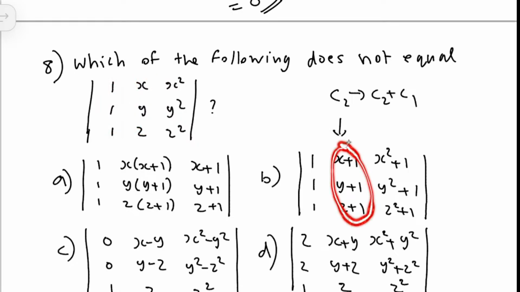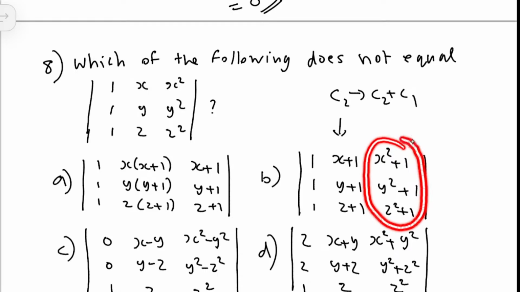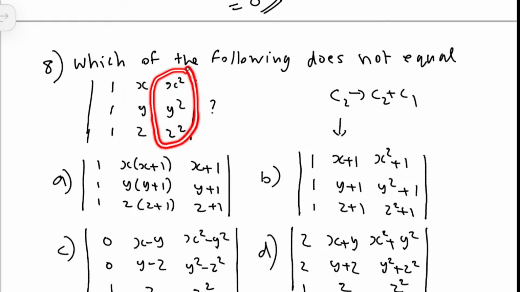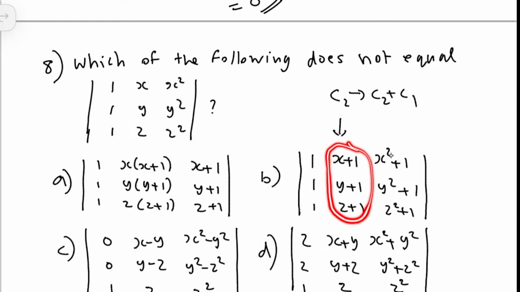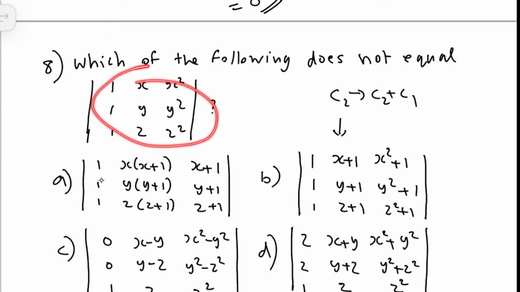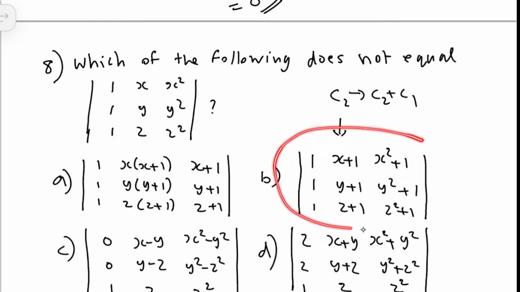Now look at this column: x square plus 1, y square plus 1, z square plus 1. It's nothing but this third column added to the first column. So we have done two column operations on this matrix and we got this matrix.